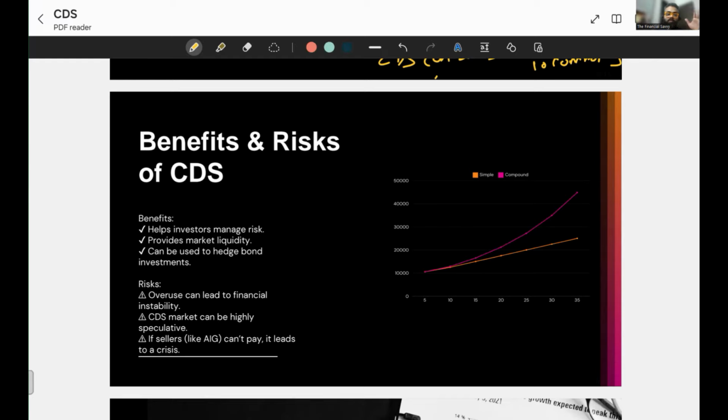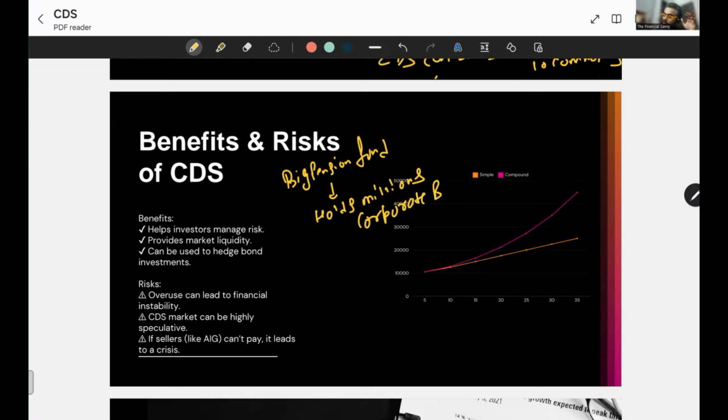Imagine a big pension fund that holds billions of dollars in corporate bonds. Now they buy CDS to protect against the risk of those companies failing, because they already hold millions of corporate bonds.